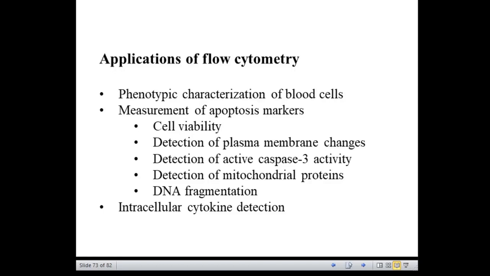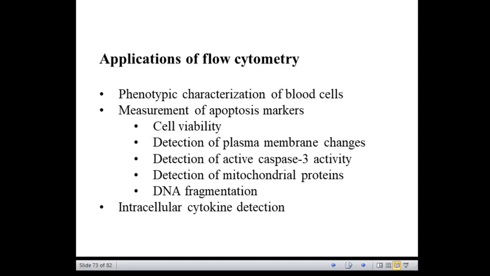The non-viable cells in any given sample can non-specifically bind to the antibodies, resulting in false positives. So the outcome is an inaccurate result. Right, so that is where flow cytometry comes in.